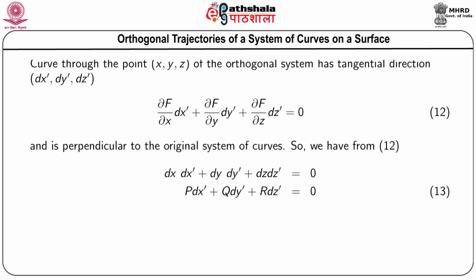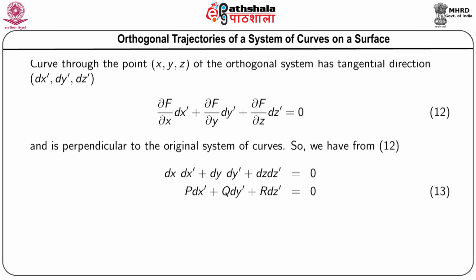That means dx dx dash plus dy dy dash plus dz dz dash must be equal to 0, and dx, dy, dz are proportional to p, q, r. So, we arrive at equation number 11.